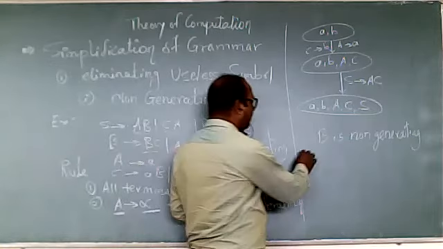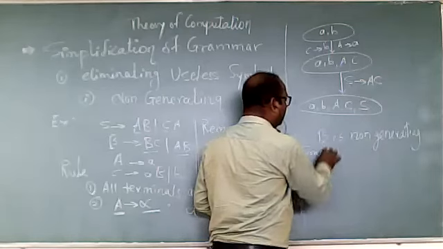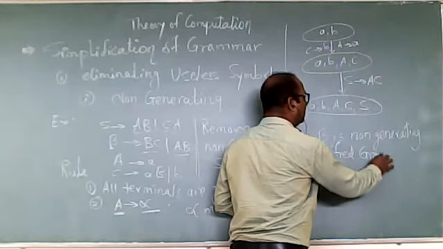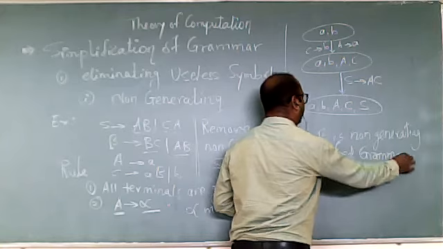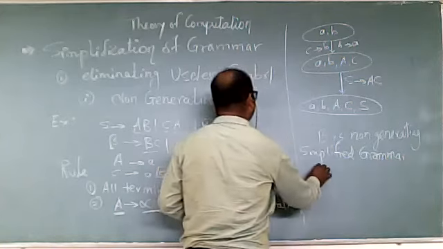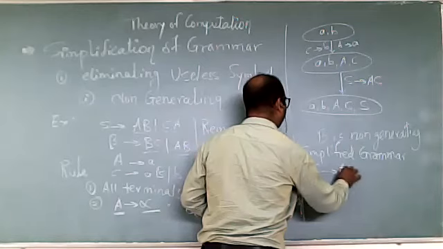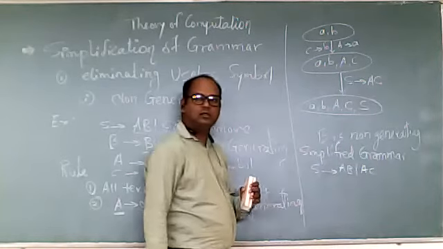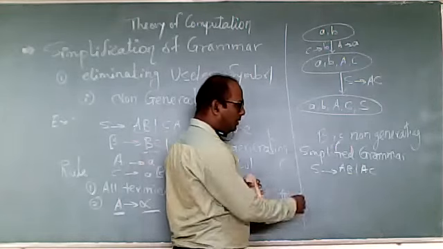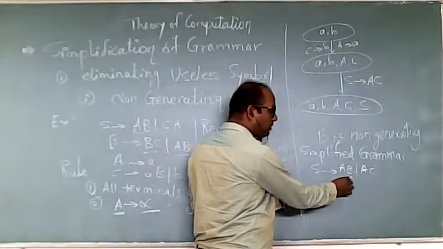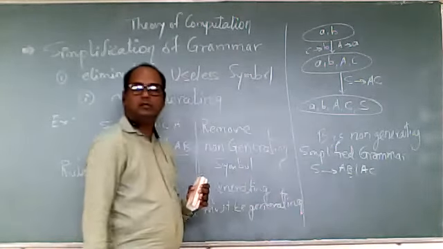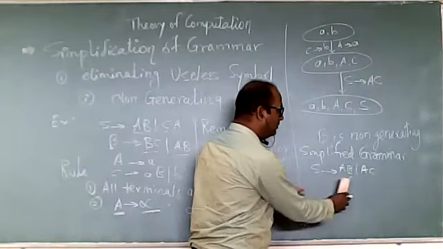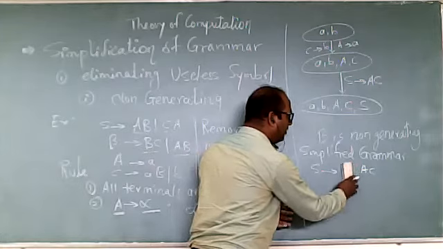So the simplified grammar: S produces AB or CA. Now B is non-generating, so we'll just remove this production.